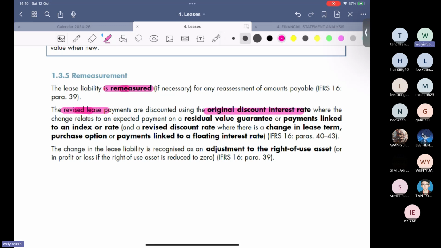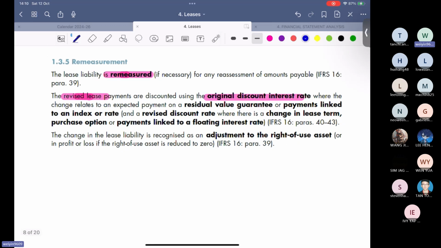When we record the changes, we also need to adjust the right-of-use asset. For example, if the payment is increased, I will debit ROU asset and credit lease liability.